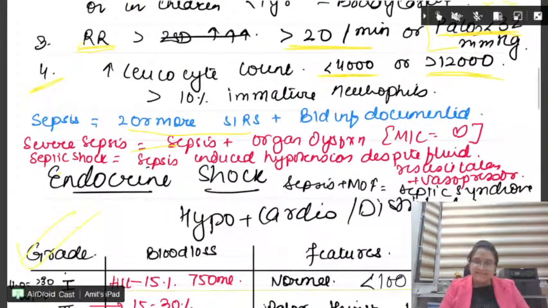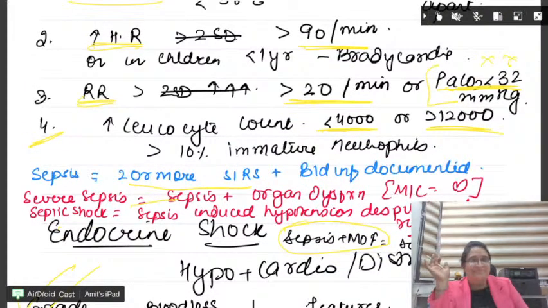Sepsis plus multi-organ failure is septic syndrome. Any definition can come in INI or NEET. They will directly ask what is sepsis, so you have to know it is plus documented blood infection. They may ask what is septic shock: that is sepsis and hypotension.